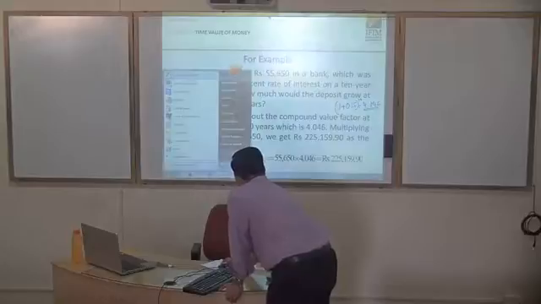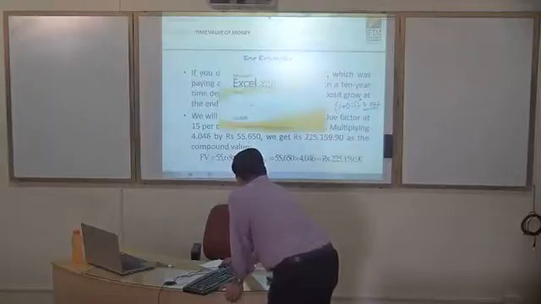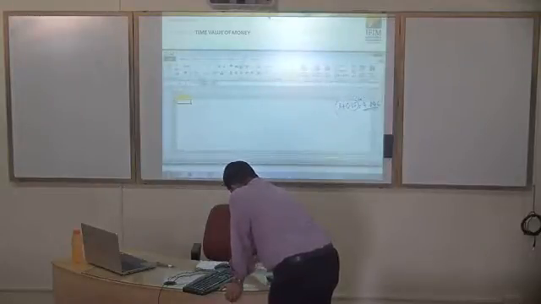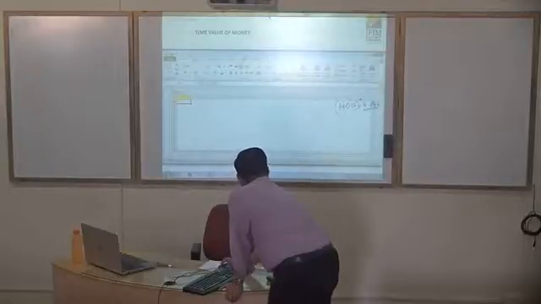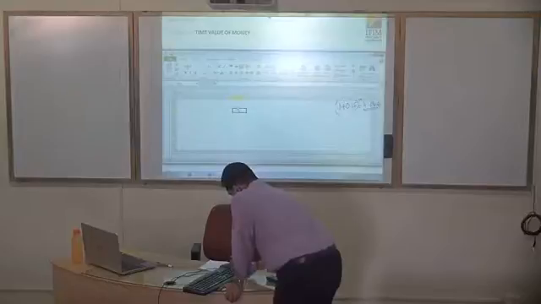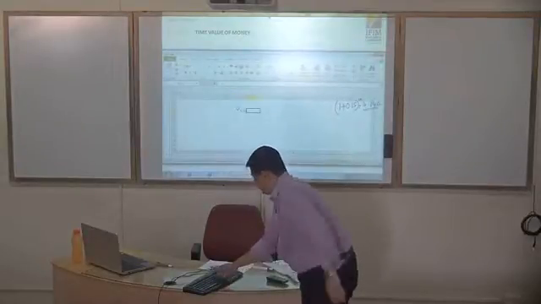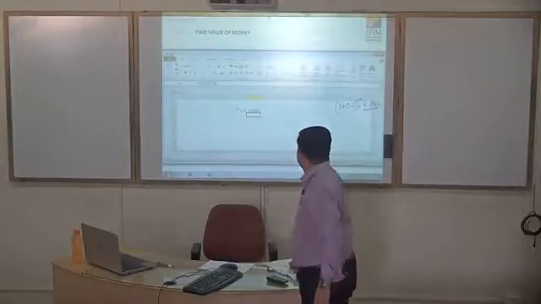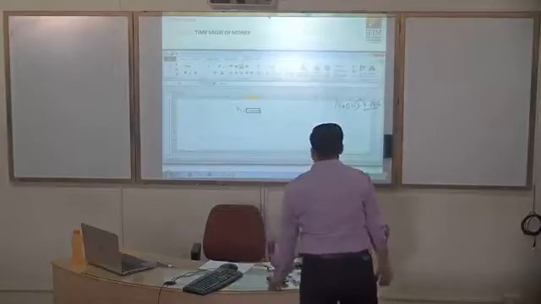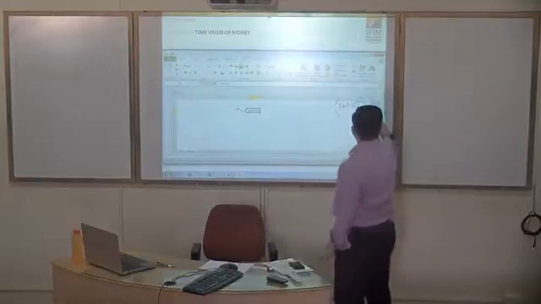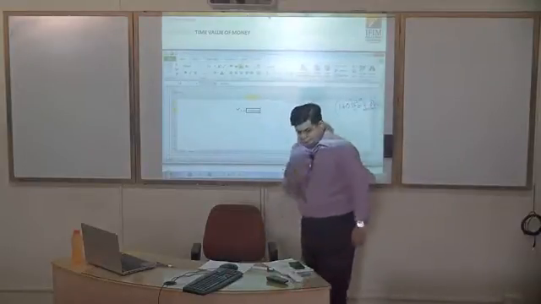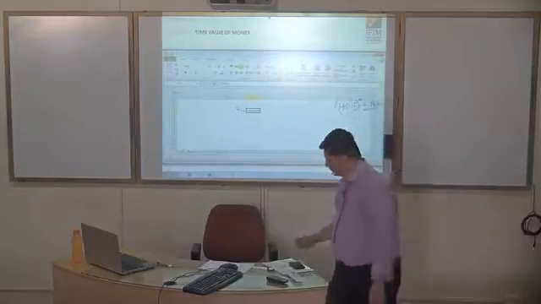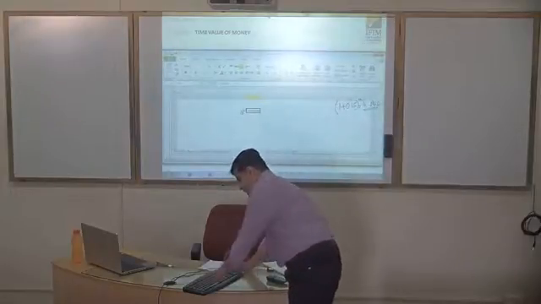Keep an Excel sheet handy like this. So that is 4.046, that's rounded off. So that's how it is calculated.